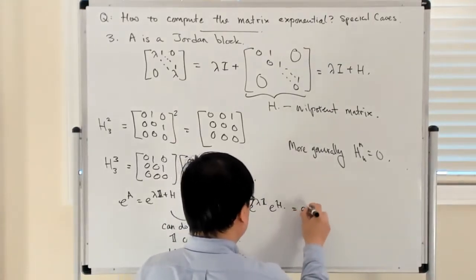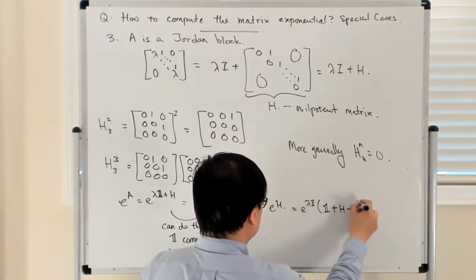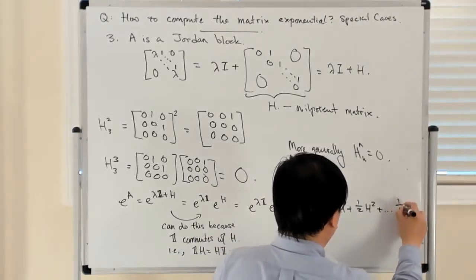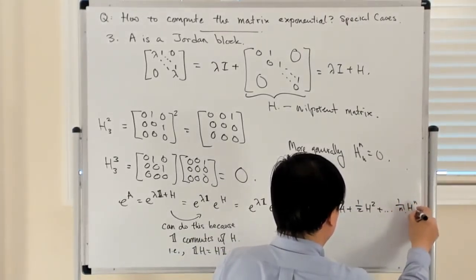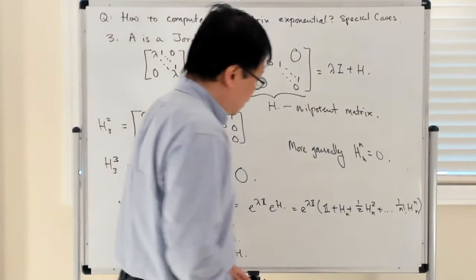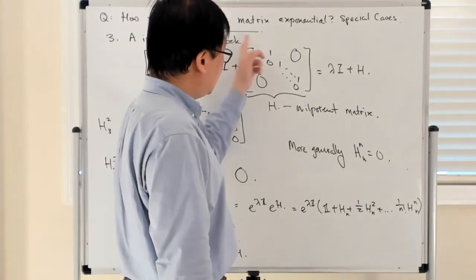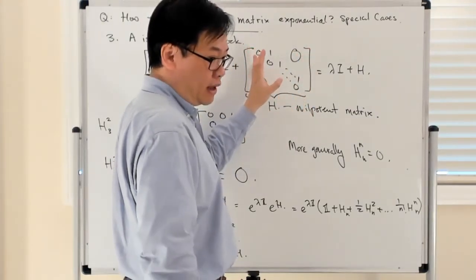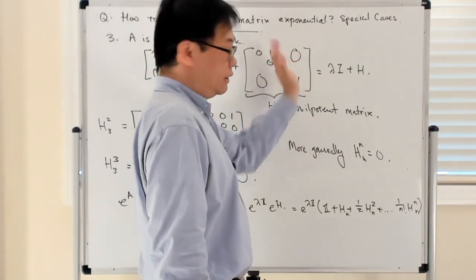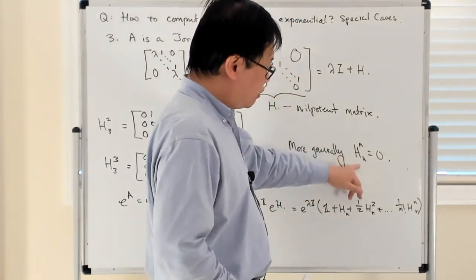So that's going to be e to the lambda times the identity, and e to the H is just going to be the identity plus H plus 1/2 H squared, all the way up to 1 over n factorial H to the n. And again, the reason why that happens is because this type of nilpotent matrix, if it's an n by n matrix where the only non-zero entries are the ones just above the main diagonal, then the nth power of it vanishes.